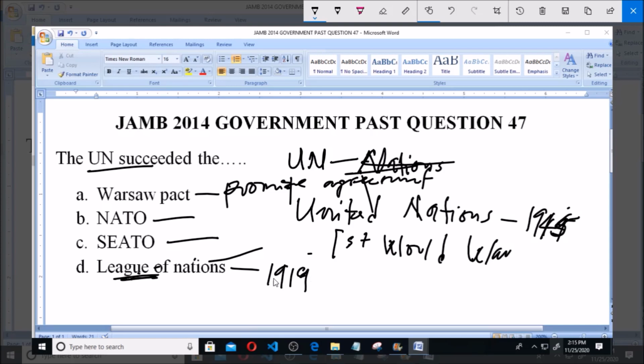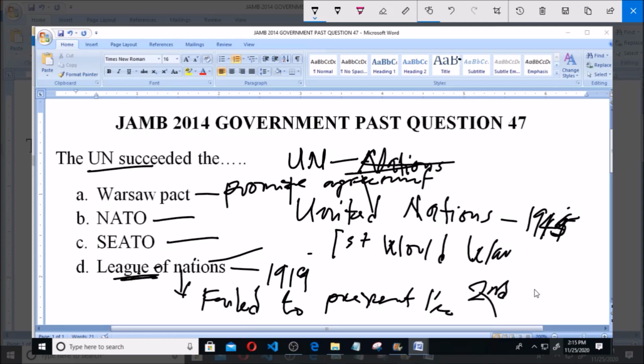And because League of Nations failed to prevent the Second World War from occurring. So option D is correct.